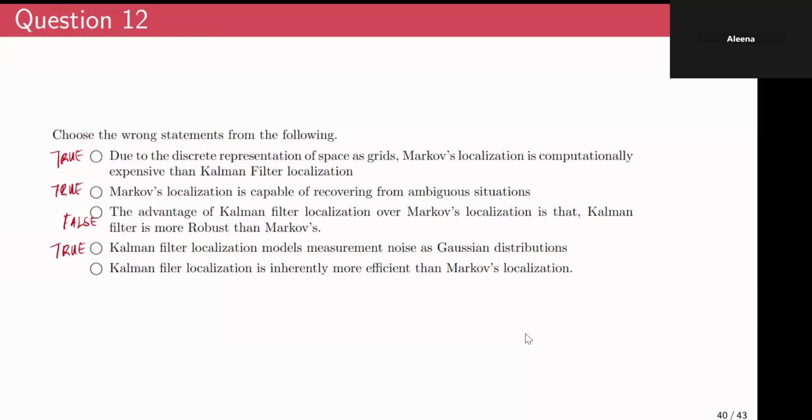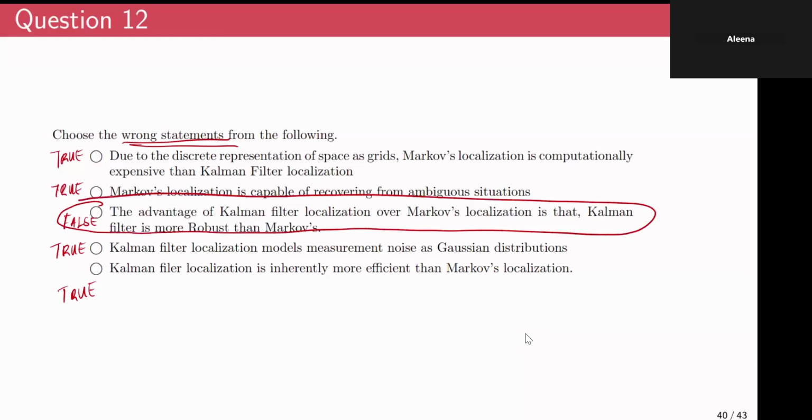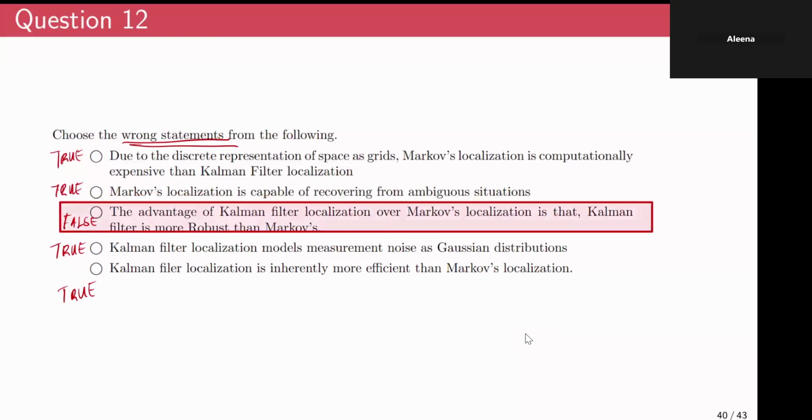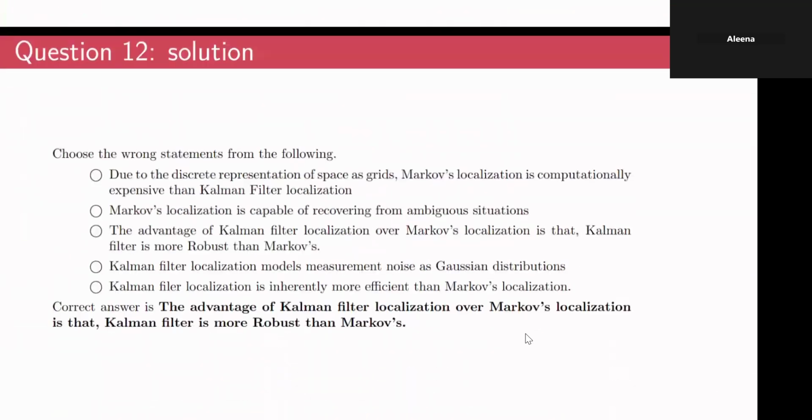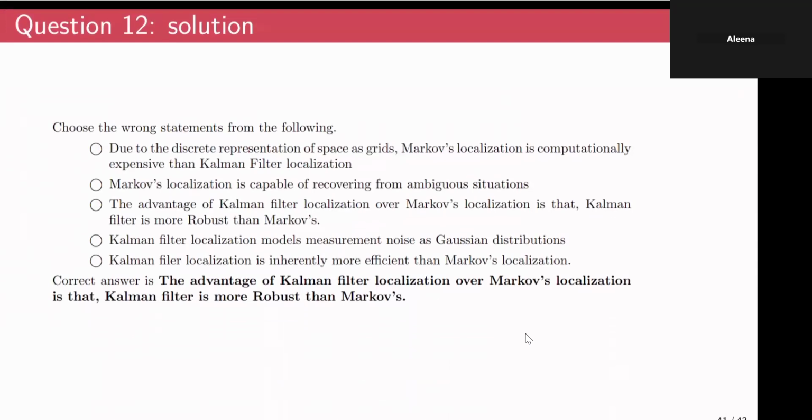And the final statement, Kalman filter localization is inherently more efficient than Markov localization, is also true, because Markov discretizes the grid, and as a result the probability of each and every point of the grid has to be updated every time for Markov, but that's not the case for Kalman filter localization. The question asks you to find the wrong statement, and the only wrong statement is option C. So the correct answer is option C.